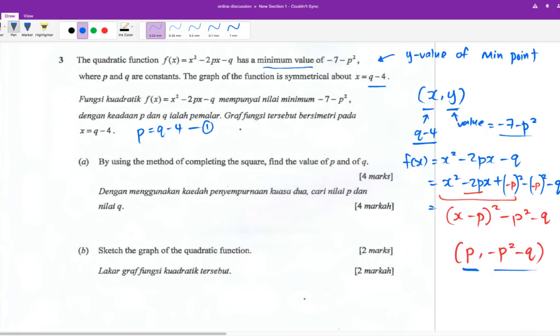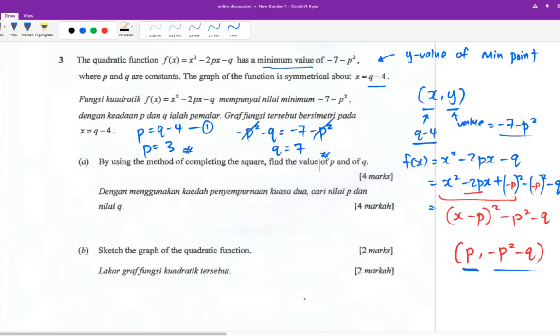Your second equation will be -p squared minus q equals -7 minus p squared. So minus p squared and minus p squared I will simplify, so q equals 7. If q equals 7, p equals 7 minus 4, which is 3. This is how you get your p and q easily.